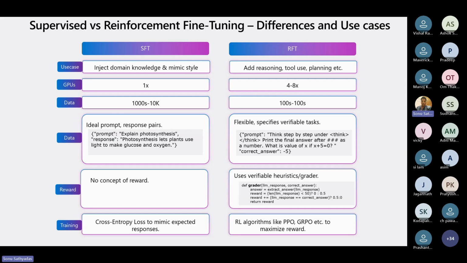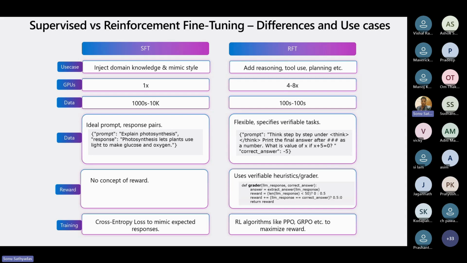GPU utilization is higher. For data, for supervised fine tuning, a very large data set is required, because it is not thinking and answering. It is just generating the answer based on the given data. So if there are 1,000 questions and answers provided, it will just answer for those 1,000 questions. It is not thinking more.